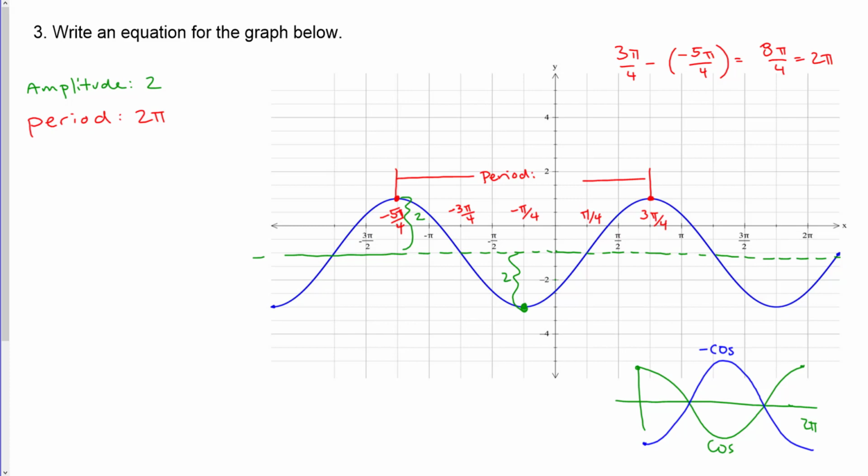All right, so if I call this negative cosine, one thing that I notice is that the starting point is actually back by π/4 units to the left. So that's a phase shift. So that makes it π/4 to the left.